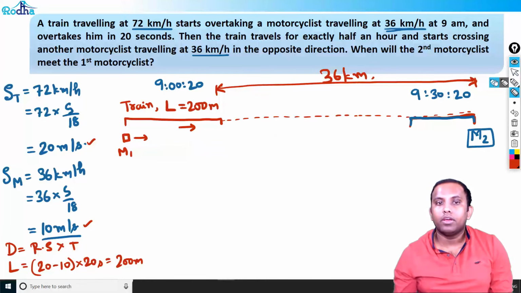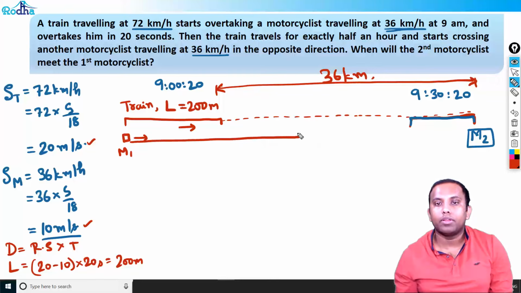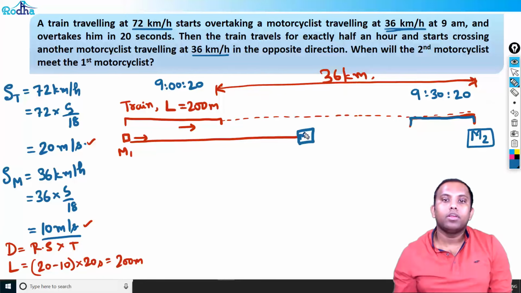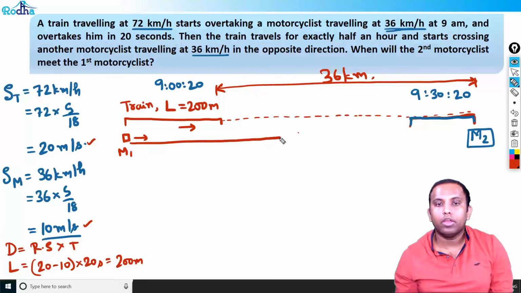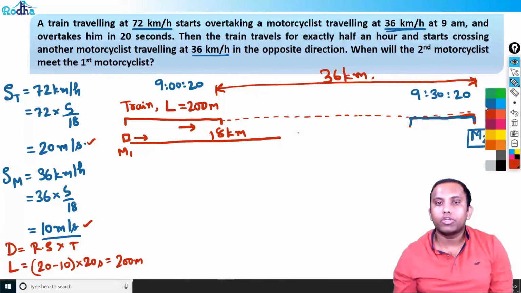This is the new position of the first motorcycle, that is M1. So now M1 is here. Let me draw another one. He has moved 18 kilometer in half an hour, and this is the new position of the motorcycle, that is M1.